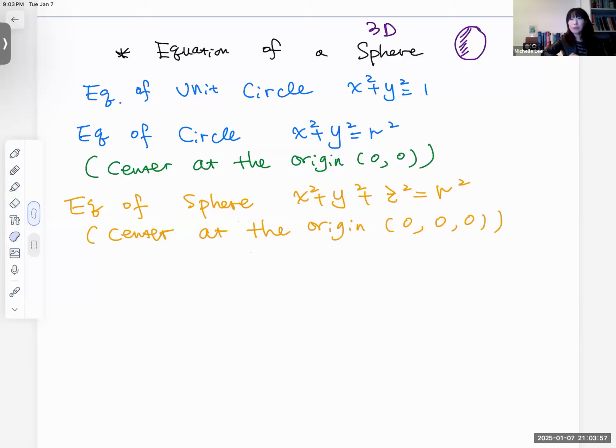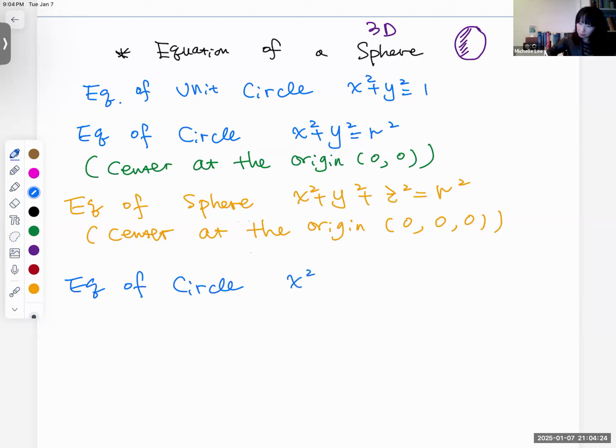Okay, then what if we have a center that is not the origin? If we have the equation of a circle with the center at (a, b), let me write it down. We had x squared plus y squared equals r squared, but in that case the center is at the origin.